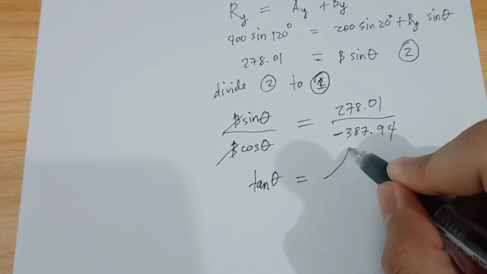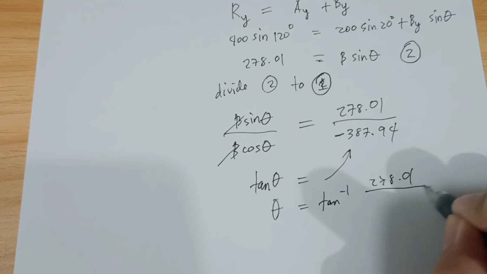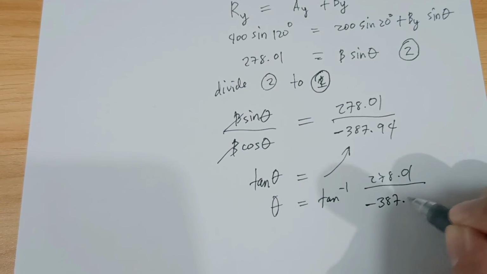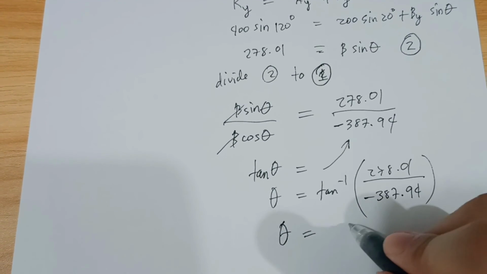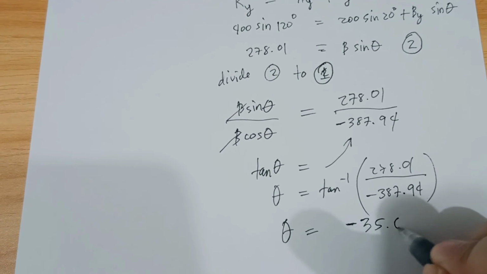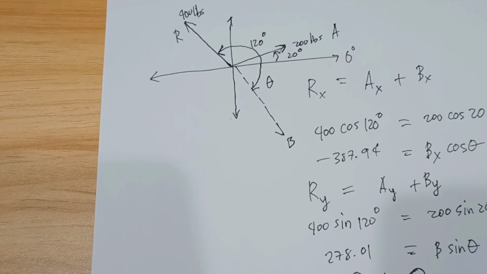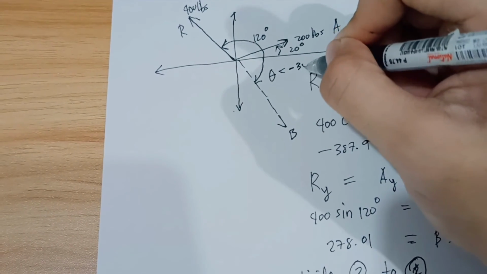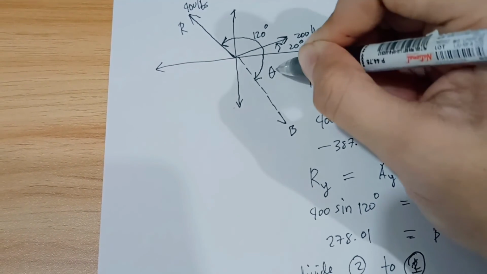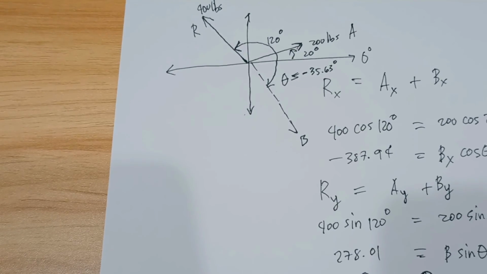Tapos itong value na to. Theta is arctangent 278.01 over negative 387.94. Theta, equivalent siya sa negative 35.63 degrees. So matatandaan mo dito sa drawing natin, clockwise siya, ibig sabihin negative. So negative 35.63 degrees to. In standard position from 0 degree clockwise. Tama yung assumption.